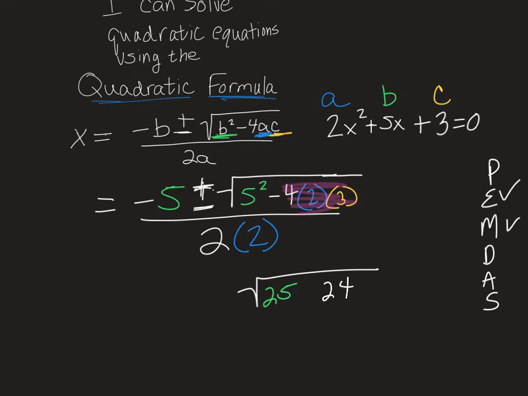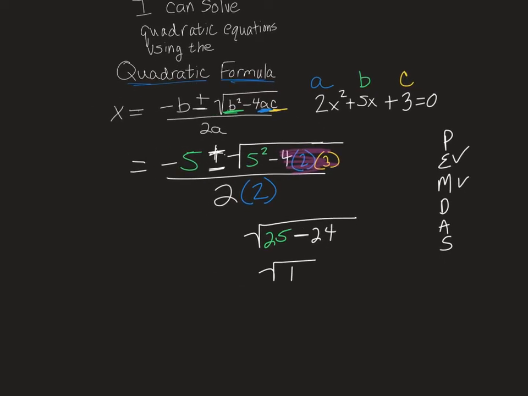And don't forget the minus that's part of the formula, so that's going to be a minus 24. And then if we simplify that a little bit more, you'll see 25 minus 24 is just going to be a 1.